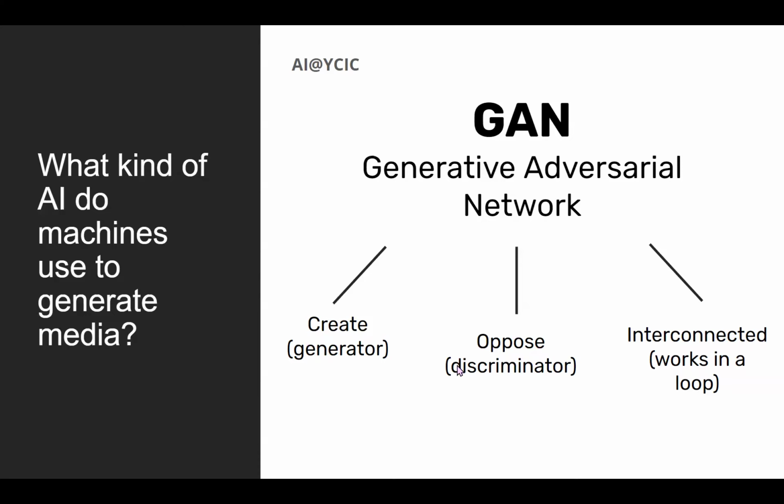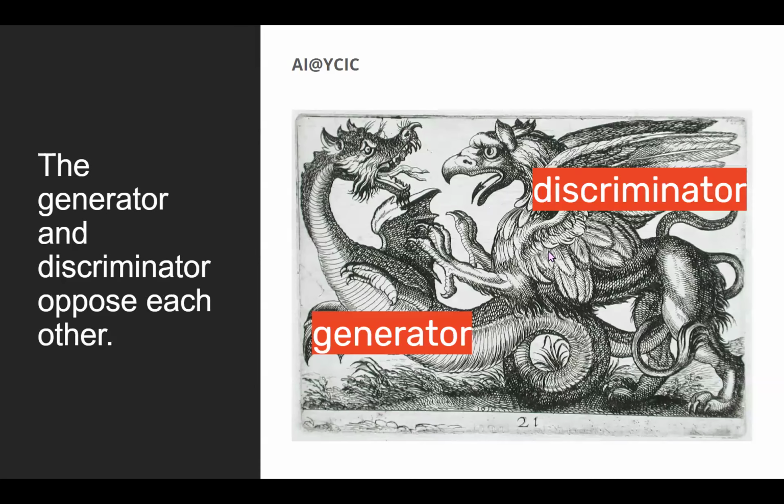If the discriminator says no, then the generator generates something even better. It keeps going in a loop until finally the discriminator is tricked. So the generator and discriminator work together and oppose each other, if that makes sense.